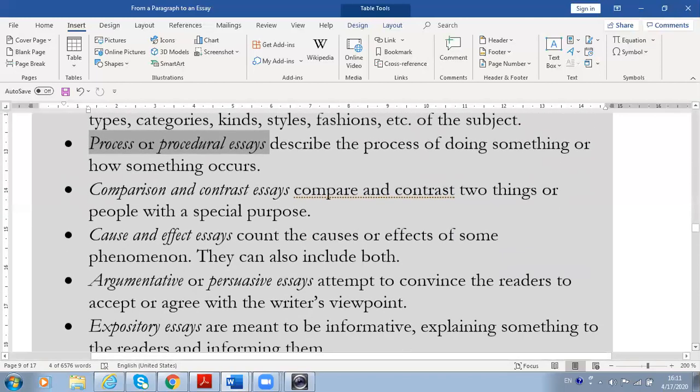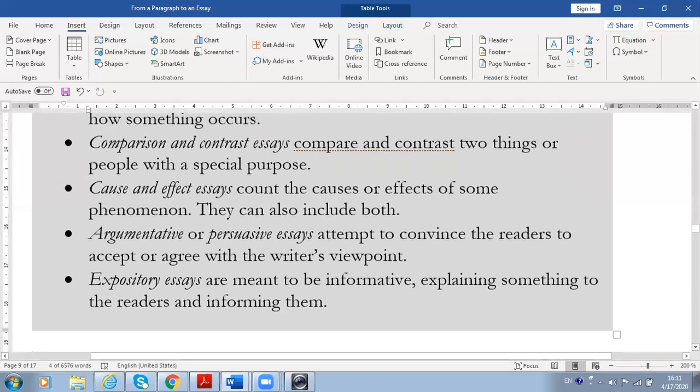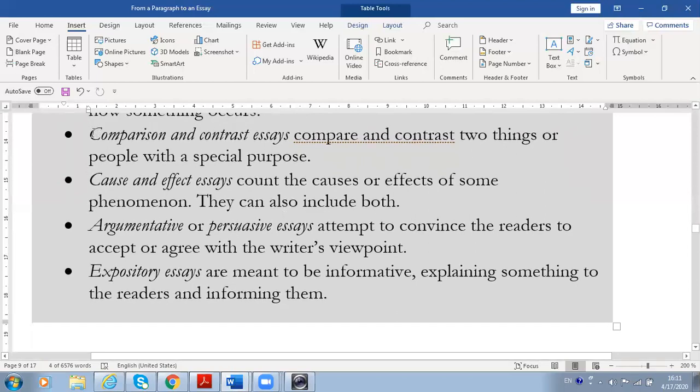So the next type of essay is comparison and contrast essays. The name gives the meaning. It is for comparison and contrast. Usually you're comparing and contrasting two things or two people, two countries, two situations, and this is called comparison and contrast.